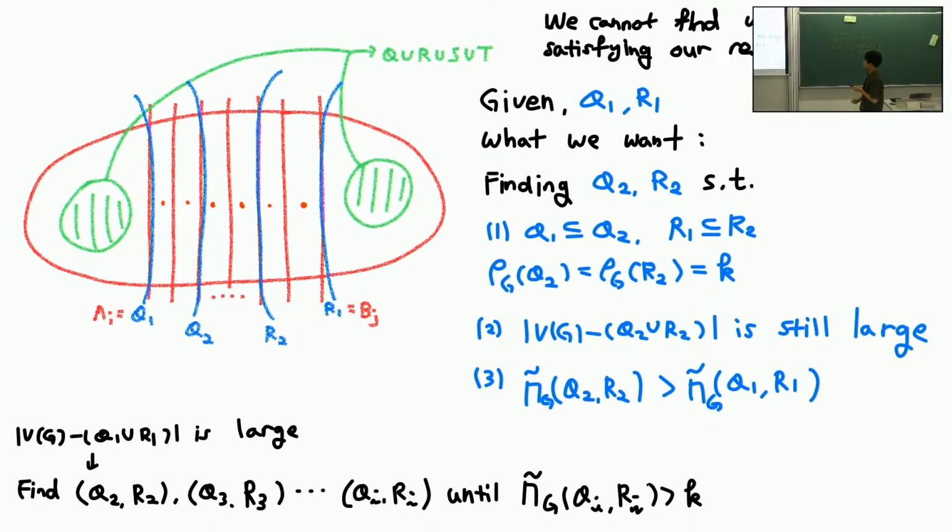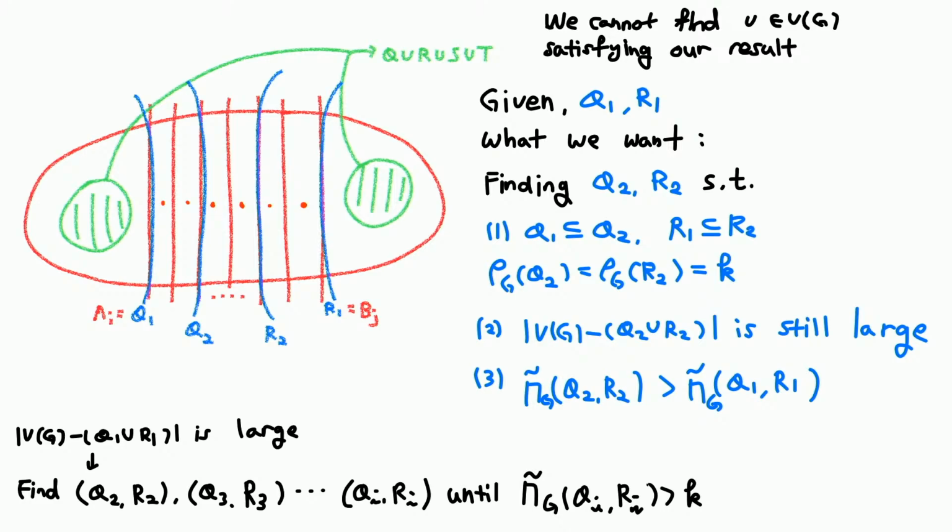So suppose that for given sets Q and R, let us assume that we can find the Q2 and R2.